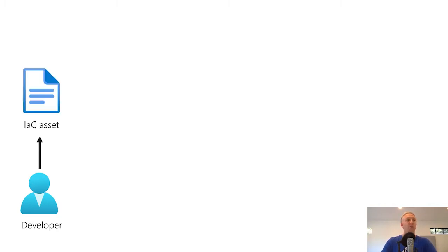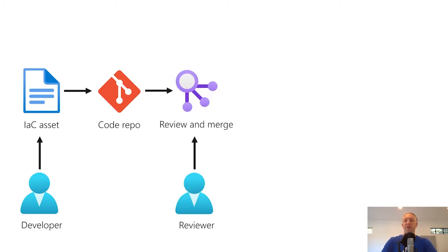So let's take a look at how a typical workflow might occur. First, a developer or an operator writes an asset, and Victor will talk about this shortly. They'll commit that asset into a source code repository like Git, and once that asset's been committed, there may be a review process where a separate person reviews that change and validates that it's not malicious and it does what it's intended.